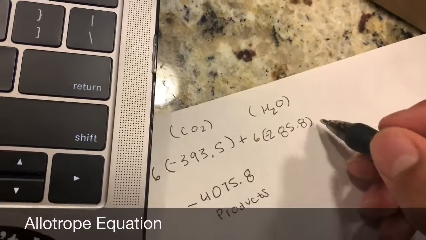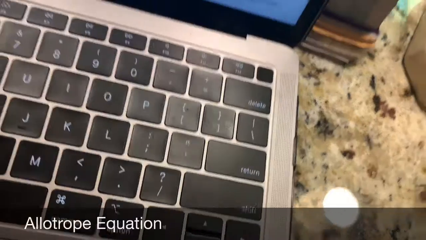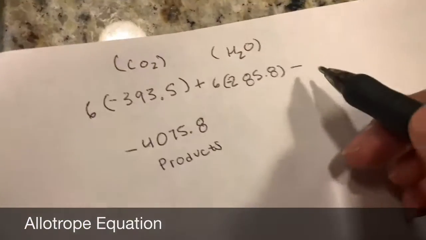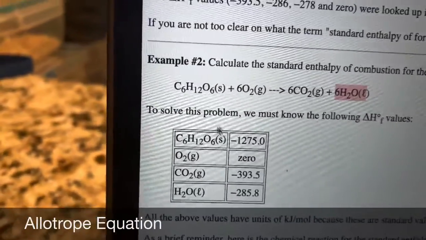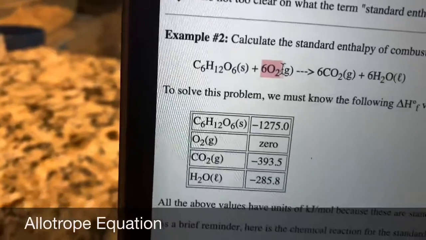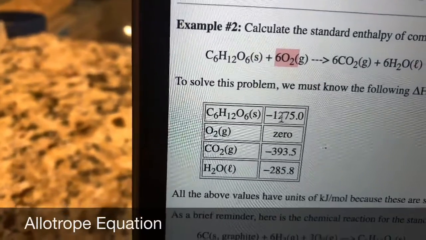And now we have to subtract this by our reactants. Going back to the equation, it's easier for us because the O2 value is always going to be 0, and anything times that number is just going to be 0 as well.